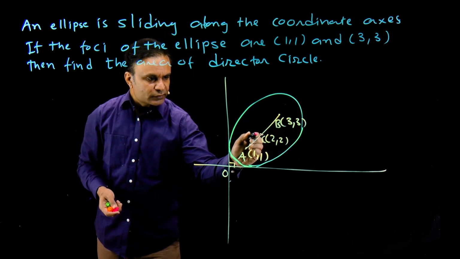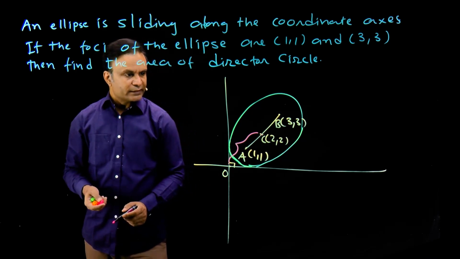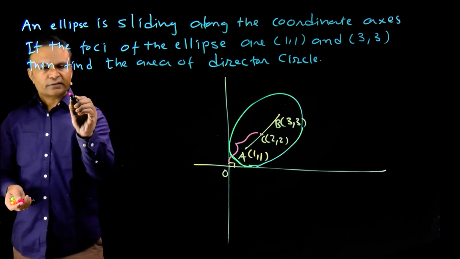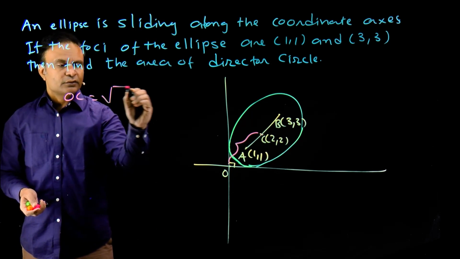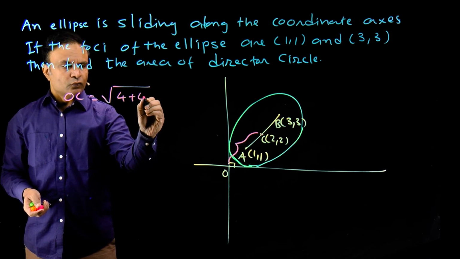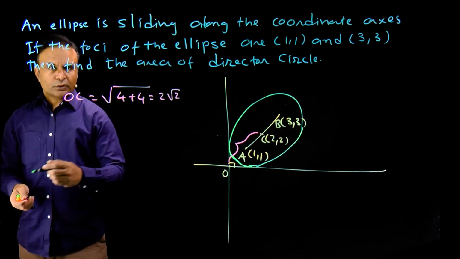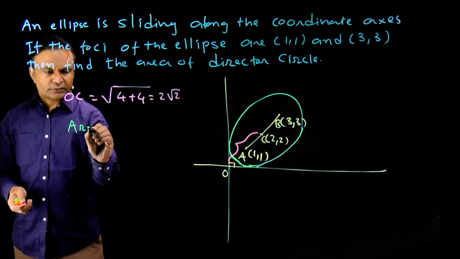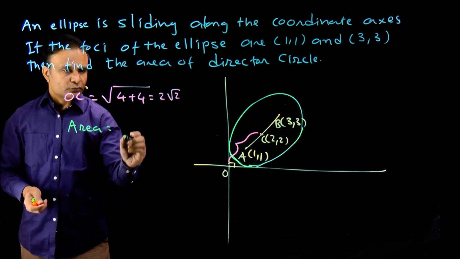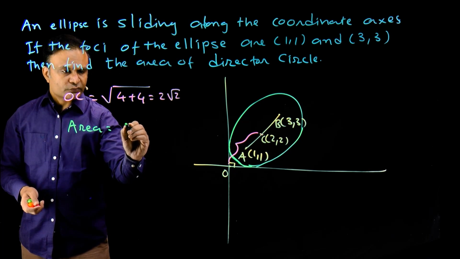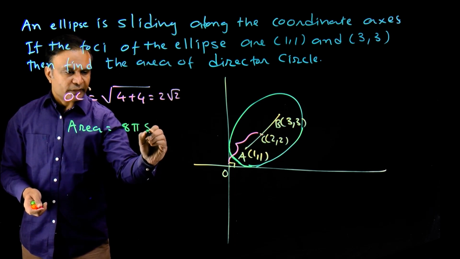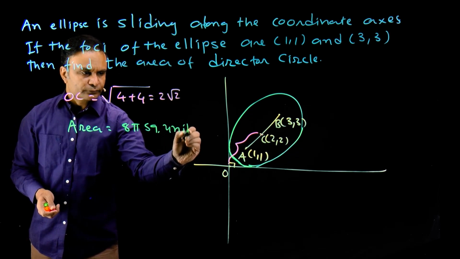So this distance OC is actually the radius of the director circle. So the distance OC is equal to square root of 4 plus 4, that is 2 root 2. So the area of the director circle is equal to pi r square, that is 8 pi square units.